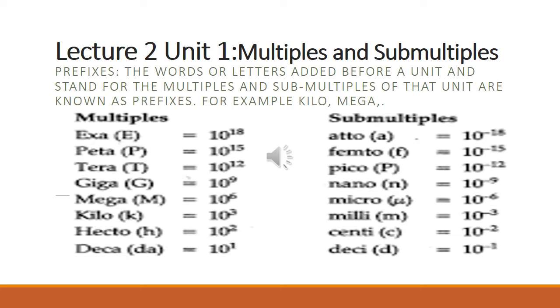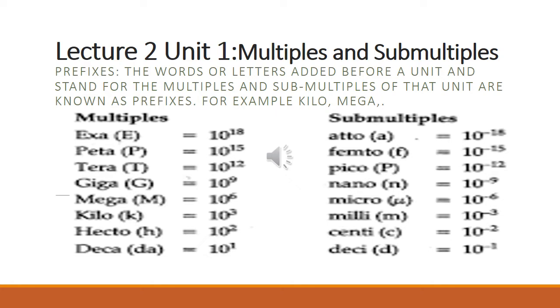So in physics, we have made a few terminologies and a few symbols, which are added before an SI unit, System International Unit, of a specific quantity, and they stand for multiples and submultiples of that unit.